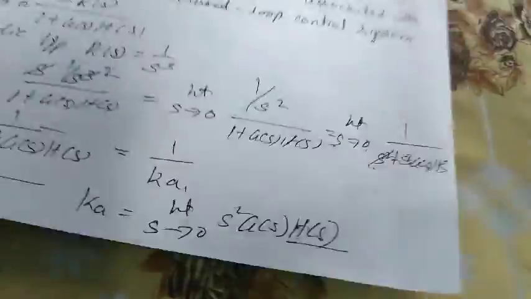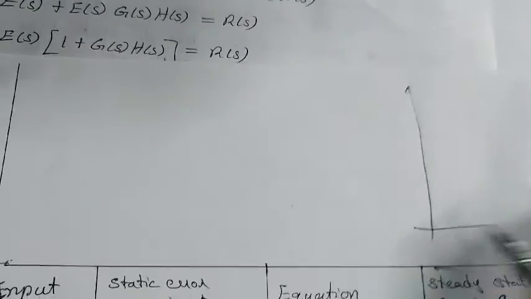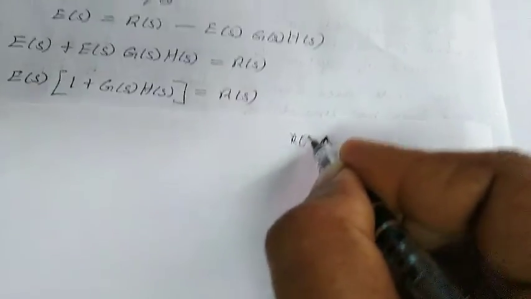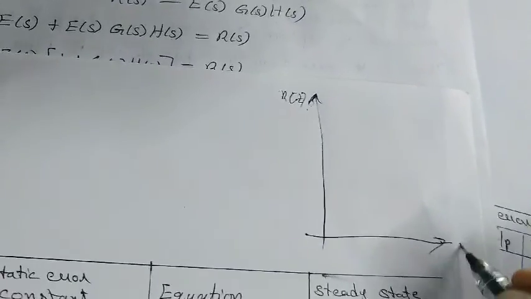So this limited function, taken as an auxiliary error constant for a limit function Ka, the response will be in this fashion. Let's take this as r of t, and this is t.